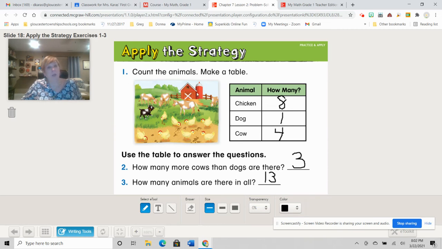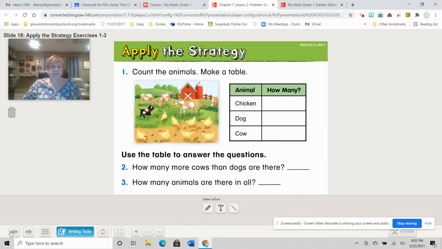If you want to count the animals to check the answer, by all means, but I would first work with the digits that we have here, okay? All right, so pause this if you would like to continue or check some of your answers. Otherwise, let's continue.